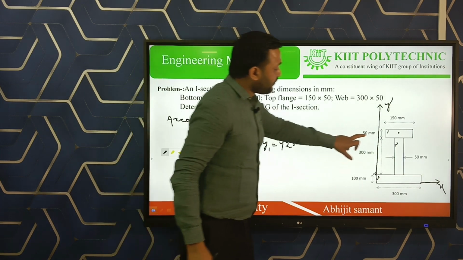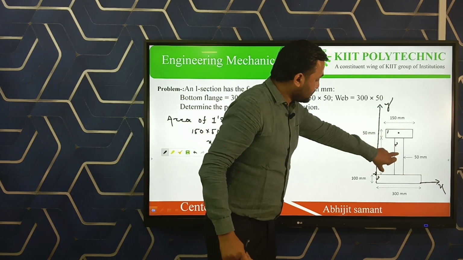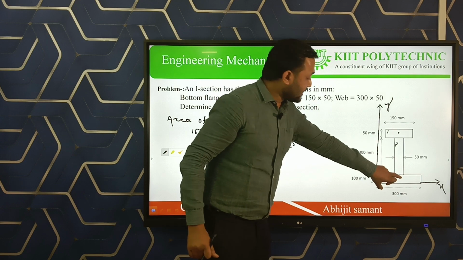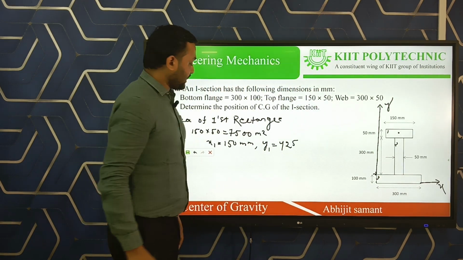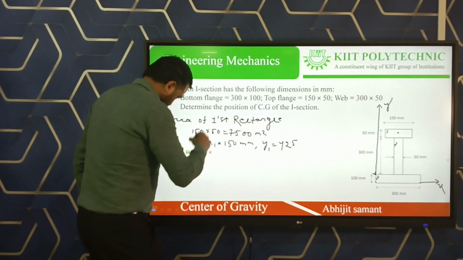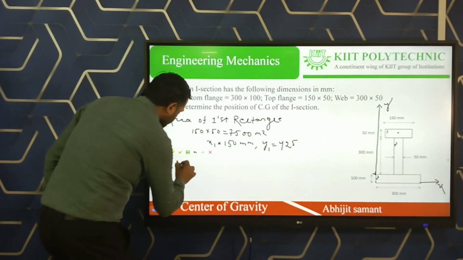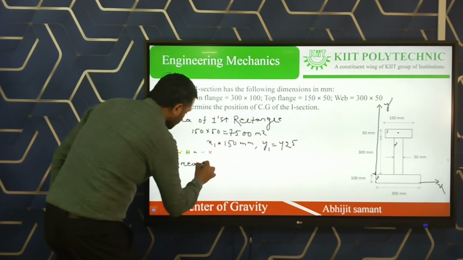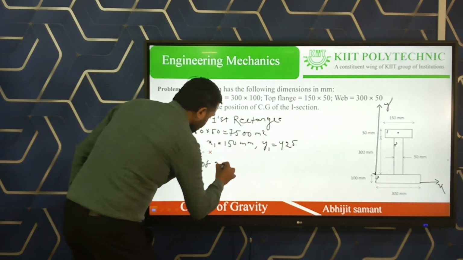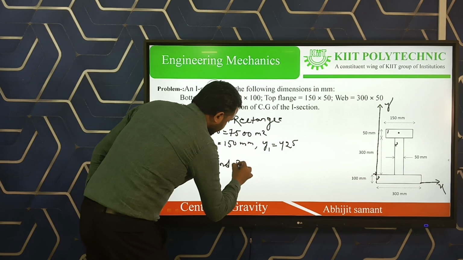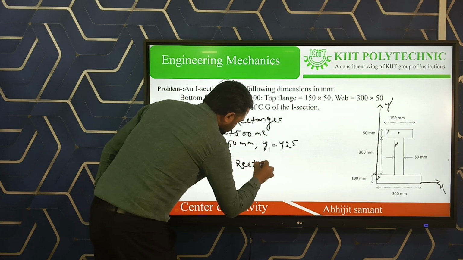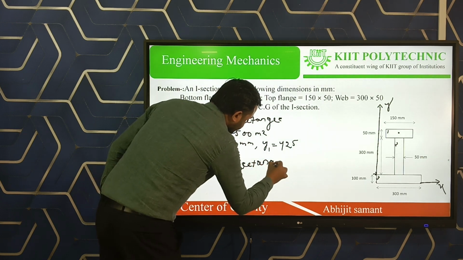Like this, we have to find out the center of gravity of the second rectangle and the center of gravity of the third rectangle. So when you go for the second rectangle, likewise you first have to find the area of the second rectangle.